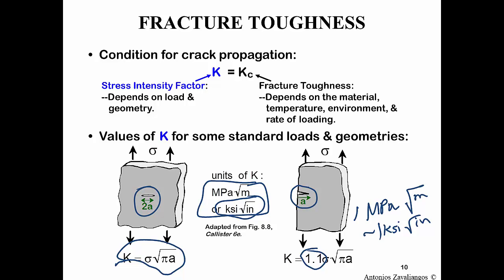Actually, this is quite interesting, because if you look at these two geometries, you have the impression that they are at least related to each other. So half of this should be equal to that. And if that's the case, then there should be no extra factor there.